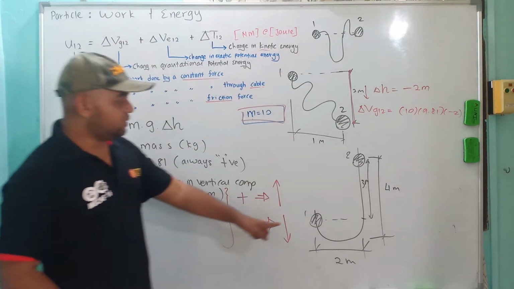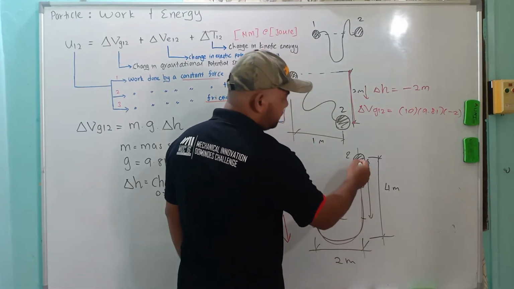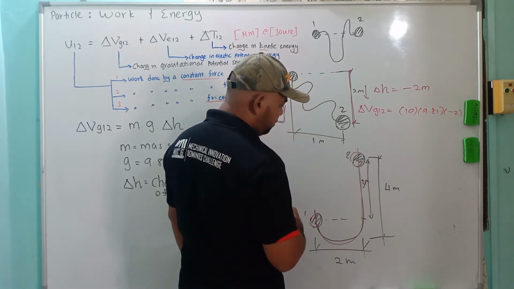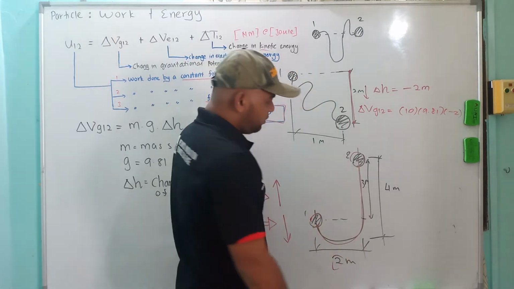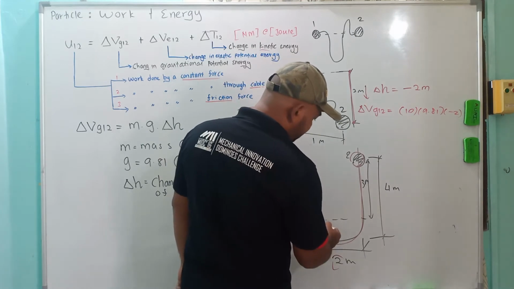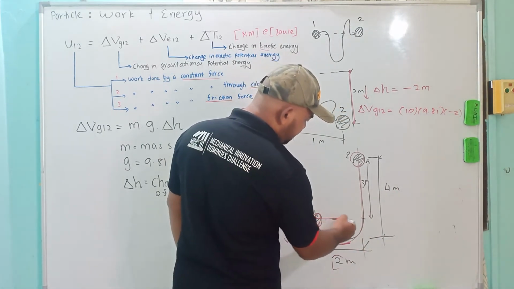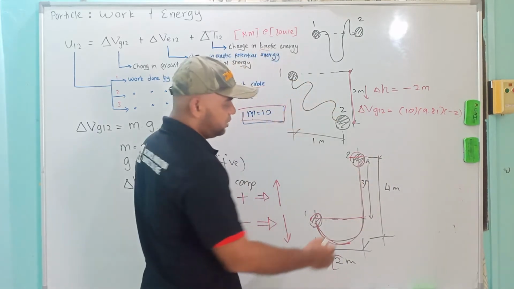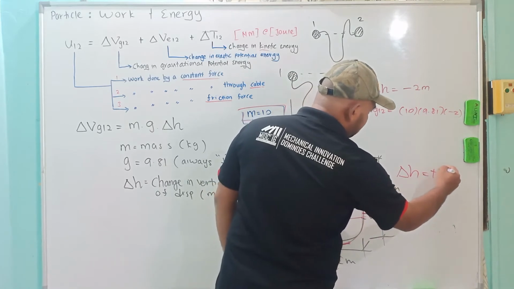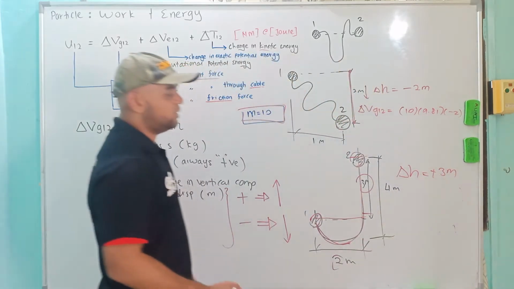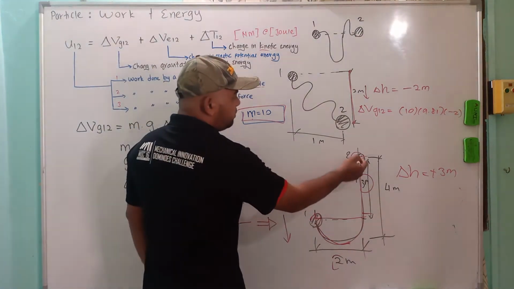In this case we have movement from here, going down and then going up to position 2. The movement in this direction is 2, but that doesn't matter. What we want to know is only the distance from position 1 to position 2, not from down here, which is 4. So delta h is positive 3 meters, not 4 meters.